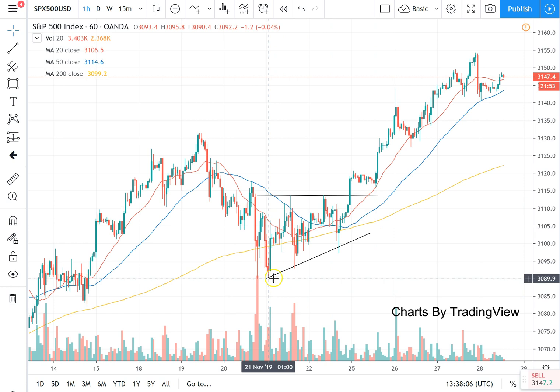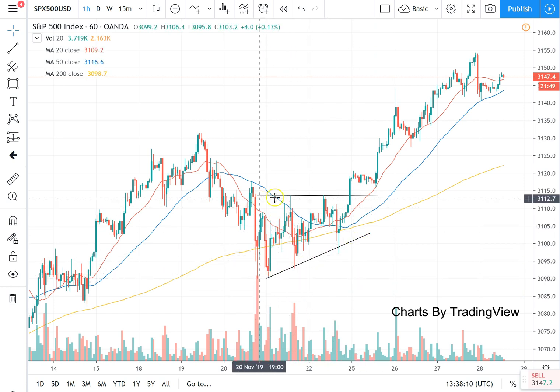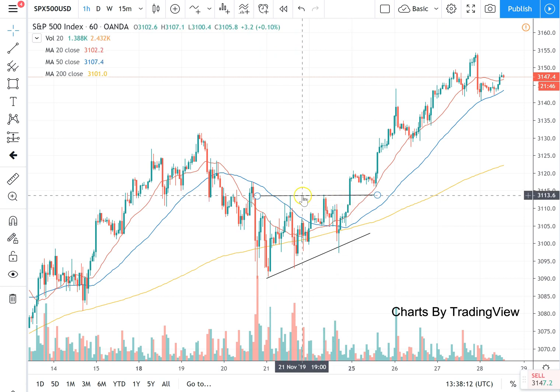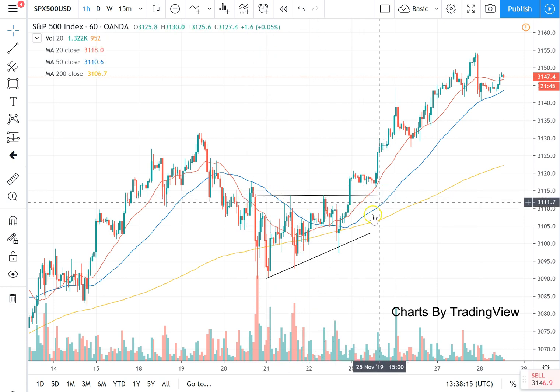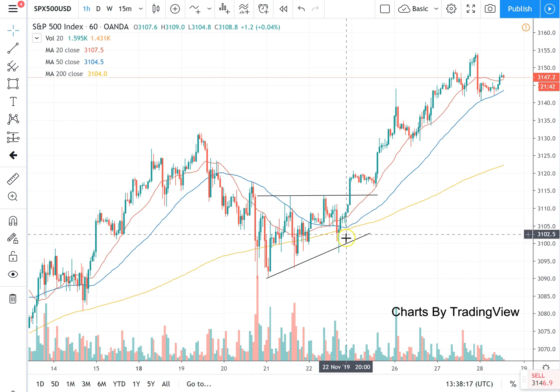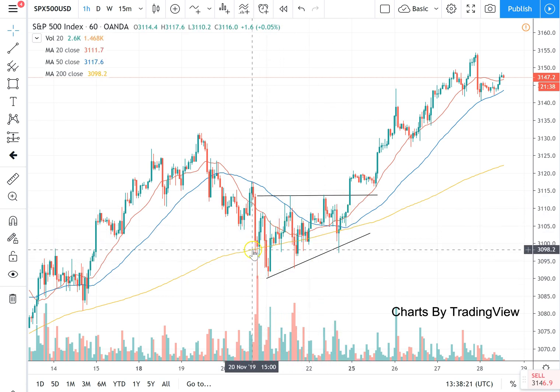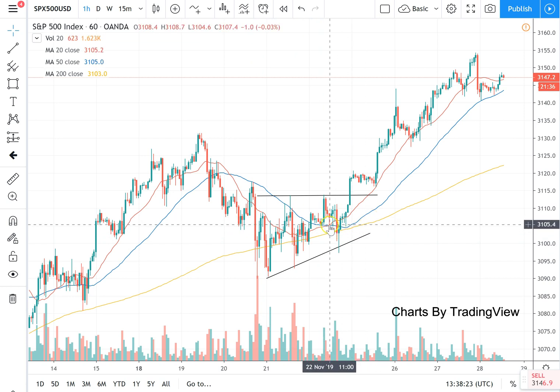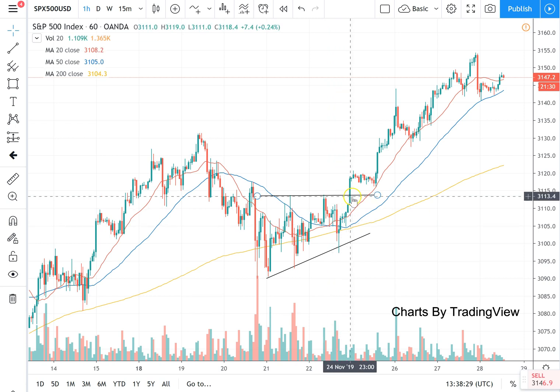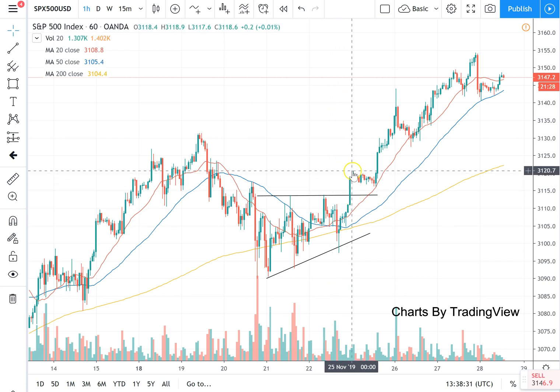You can see it making a higher low, and then you connect the lows, and then a relatively flat high here. You just connect it, and you have a very beautiful 60-minute ascending triangle finding support at the 60-minute 200 MA, and then you have a bullish cross of the 20 MA crossing above the 50 MA, and boom, it went up, broke out of the ascending triangle.